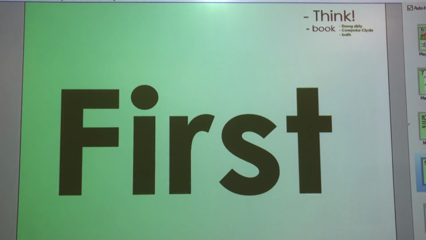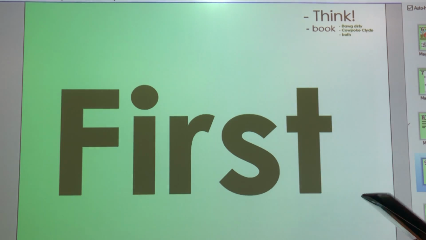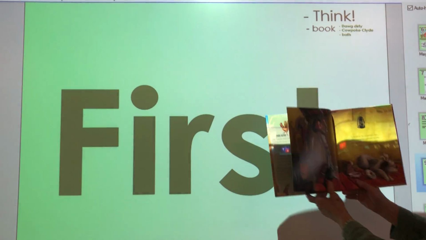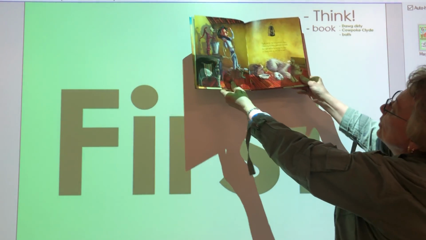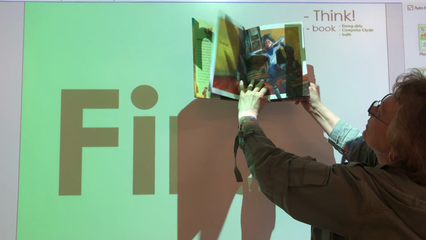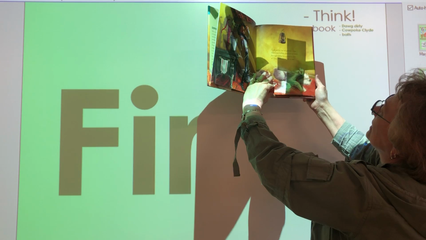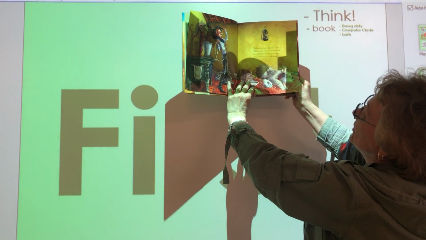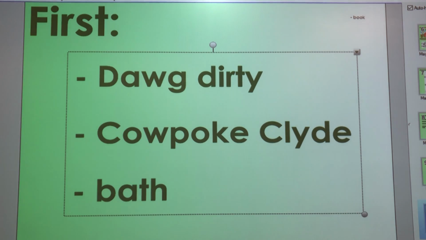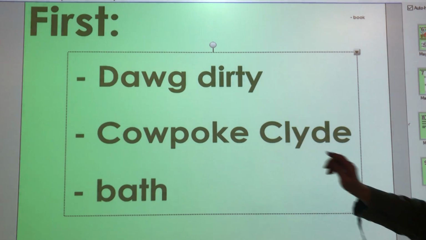First, think about what happened in the story. Talk to yourself. Tell yourself what happened. Well, we met Cowpoke Clyde, we met Dog. Cowpoke Clyde was cleaning up, and then he smelled his smelly dog. And the dog took off. So these are words that we'll be writing.